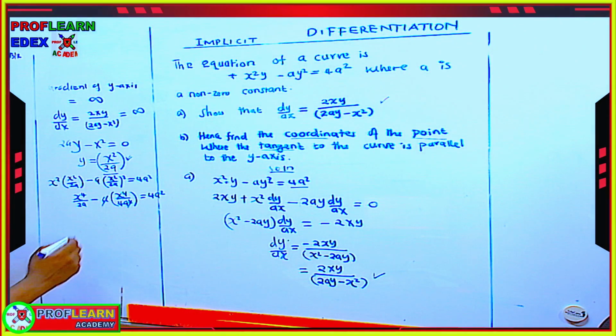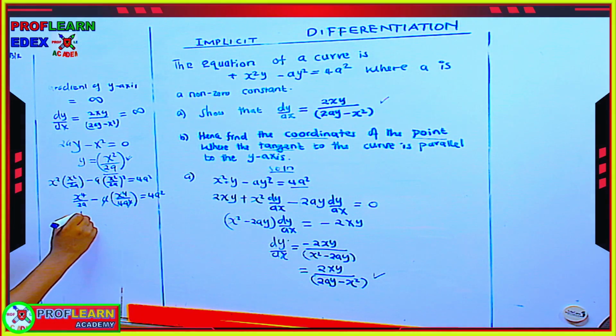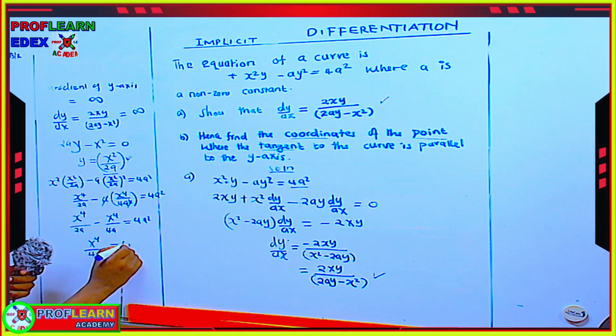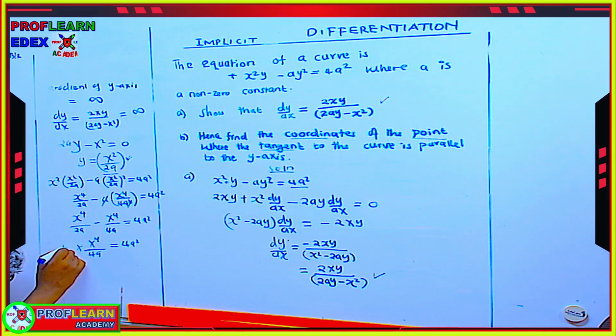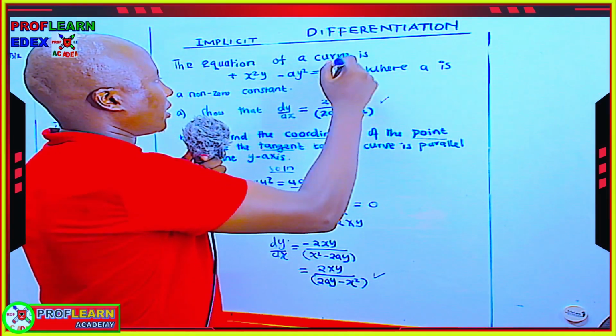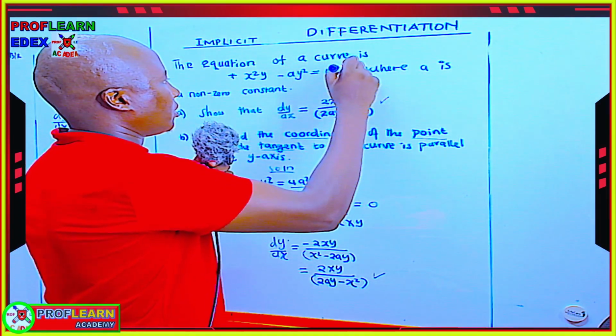Once we have this, we can say our expression is x to the power 4 over 2a minus x to the power 4 over 4a equals 4a squared. If we subtract, we shall have x to the power 4 over 4a equals 4a squared, so multiplying by 4a, we maintain a cubed.